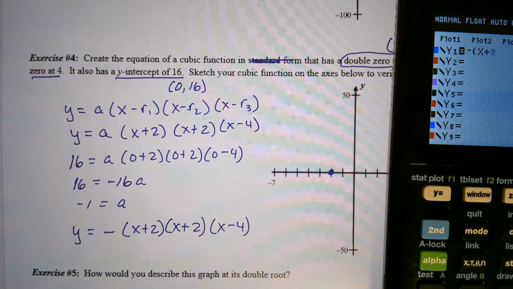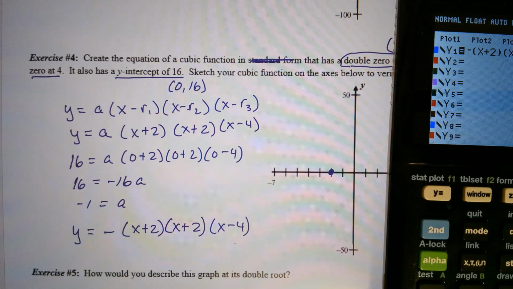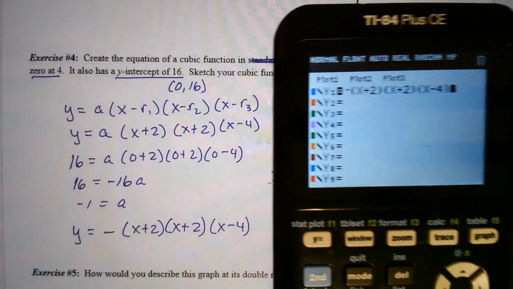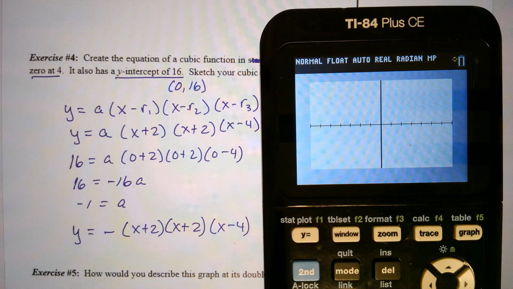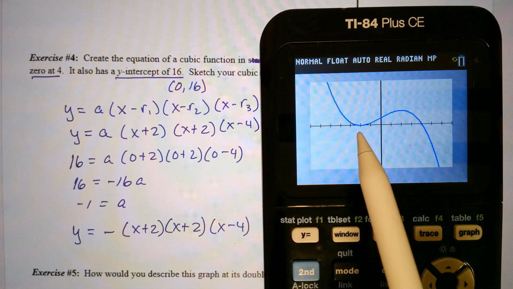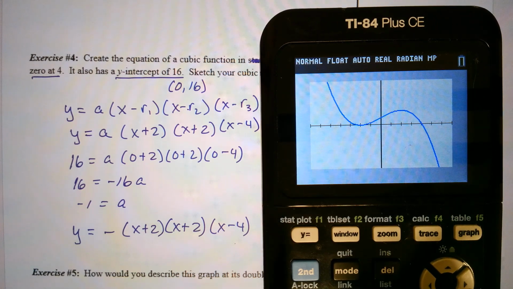Negative x plus 2. There it is, tangent to the x-axis at an x value of negative 2.